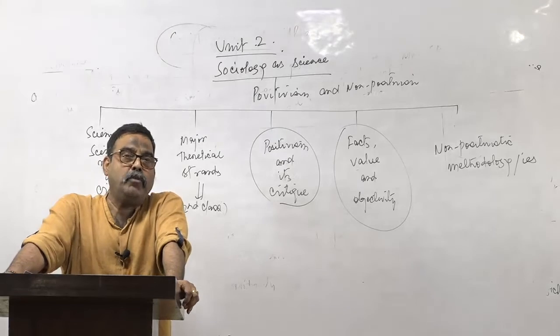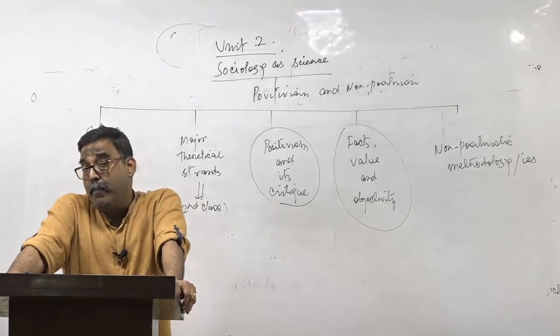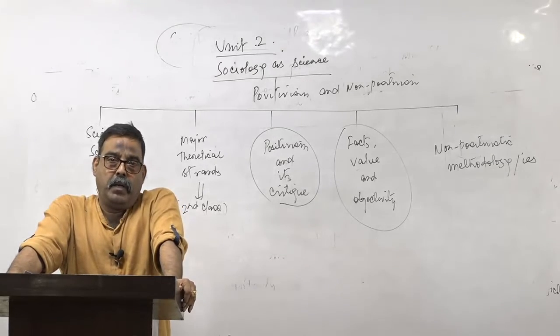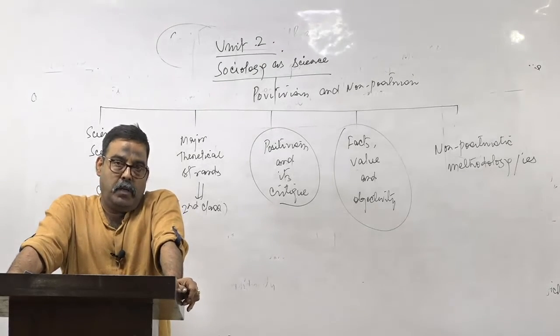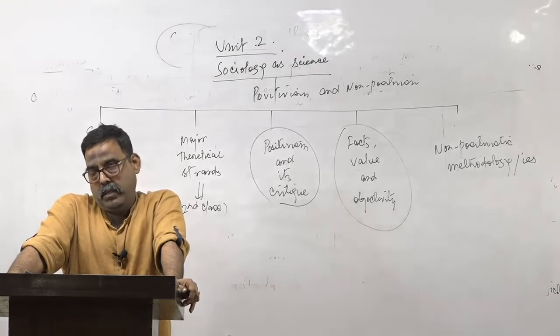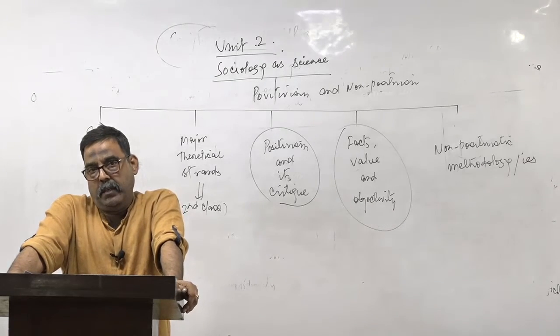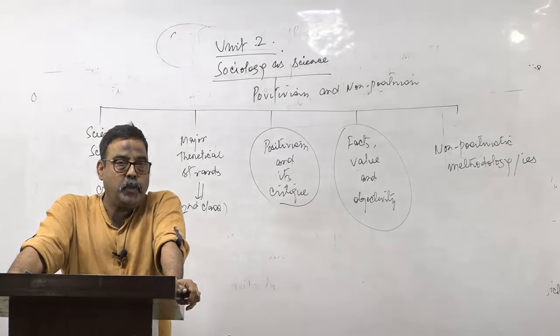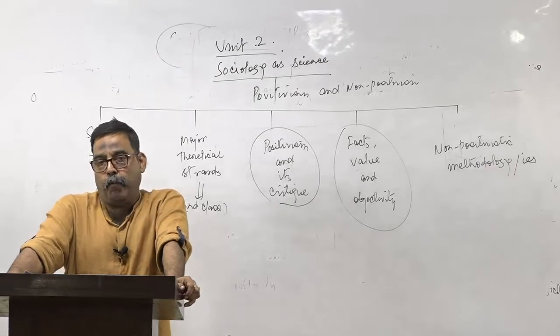And sometimes we find a good number of questions, not only comparatively in terms of Durkheim and Weber, but also about value-free sociology, value neutrality, objectivity, and some questions have been there to answer from the perspective of Weber.